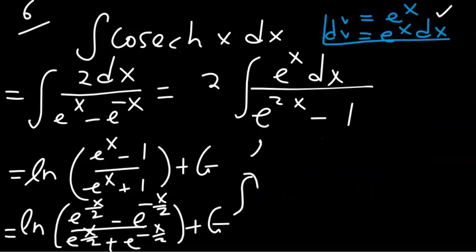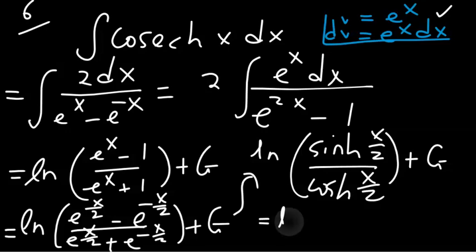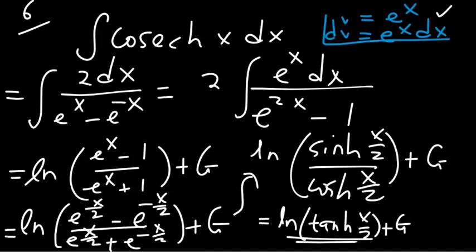And we note that this is just natural log of hyperbolic sine of x over 2 over hyperbolic cosine of x over 2 plus the integration constant, which will give you the following answer. Natural log of hyperbolic tangent of x over 2 plus the integration constant g, and that's the final answer.